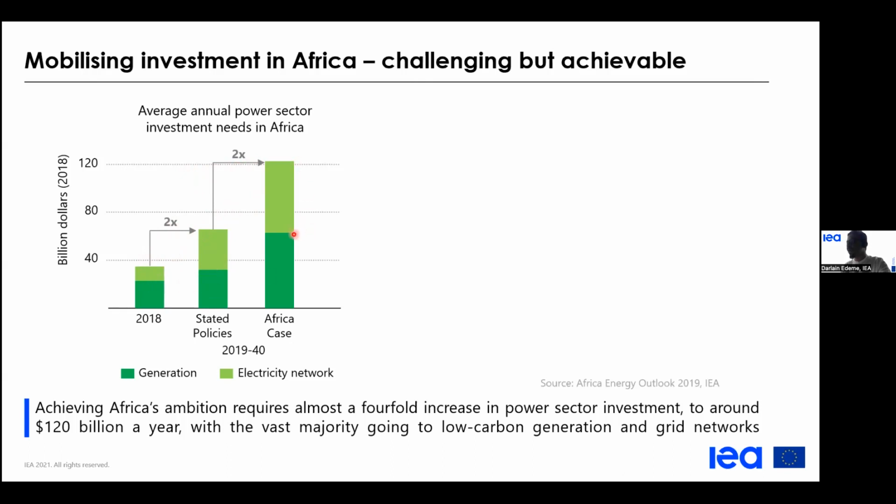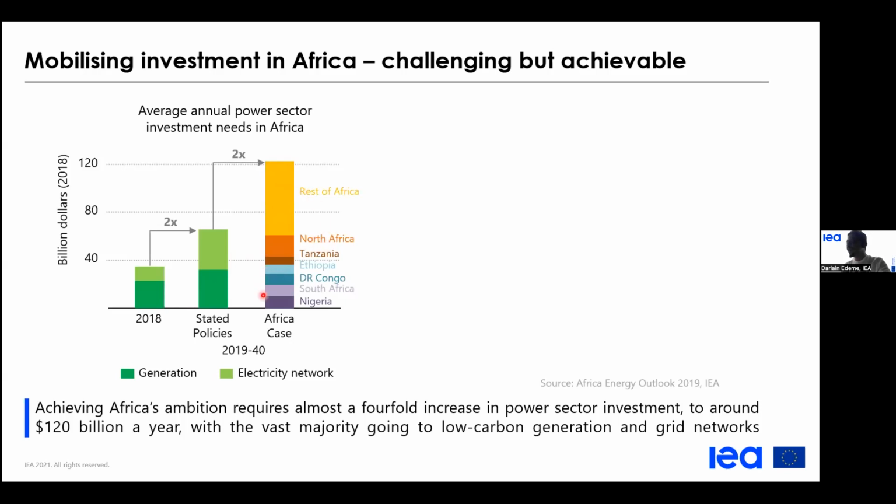Again, you can see how we have an increase in both generation and electricity network investment, but really we need to support the electricity network investments in order to bring that electricity which is generated at, let's say, central level to all areas that right now don't have access to electricity.